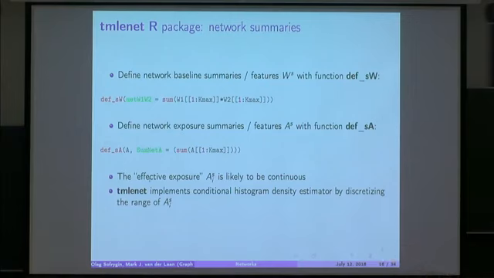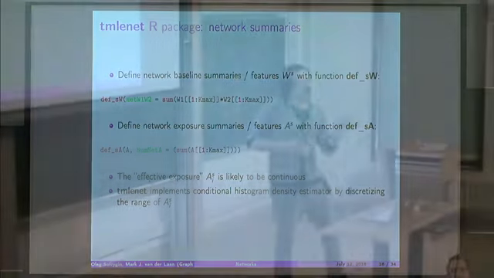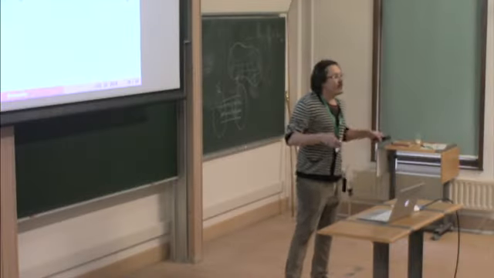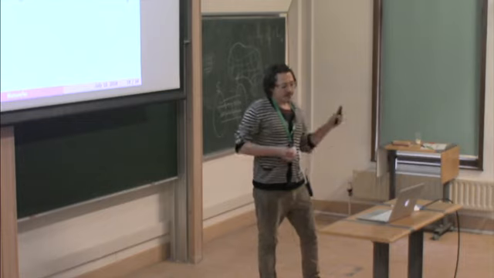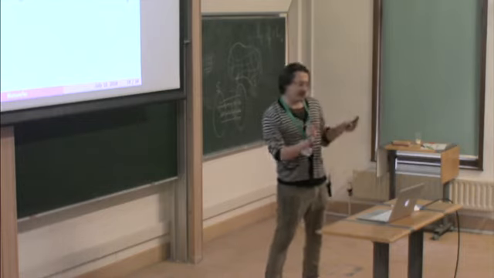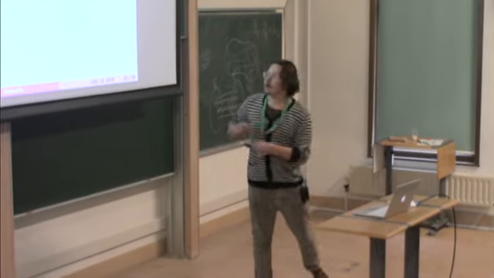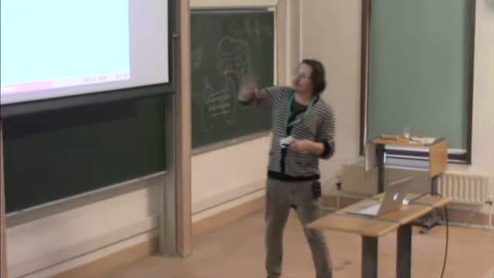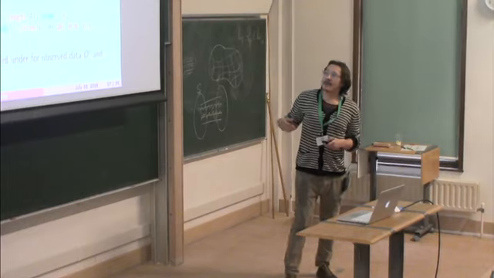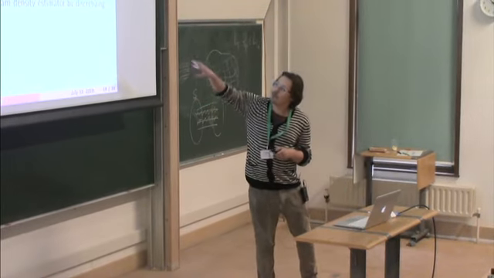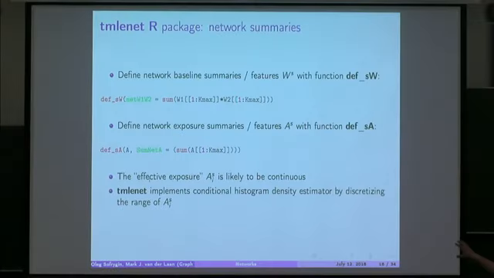And TMLENet implements a conditional histogram estimator to essentially partition the range of the continuous variable and fit the conditional model to each individual partition, then reconstruct the prediction. And it all happens automatically. At this point, it's only based on logistic regressions.